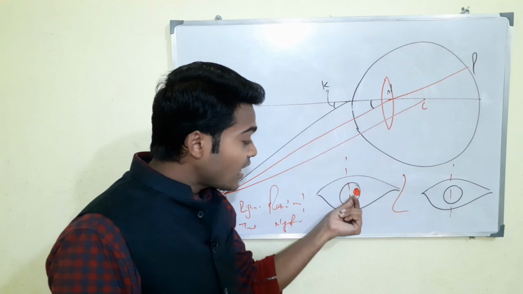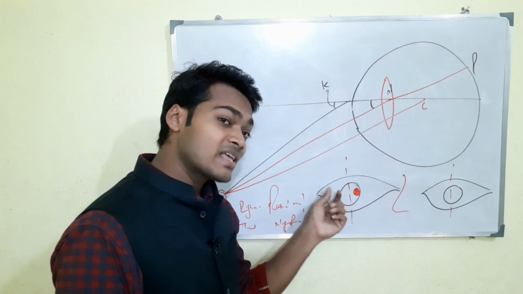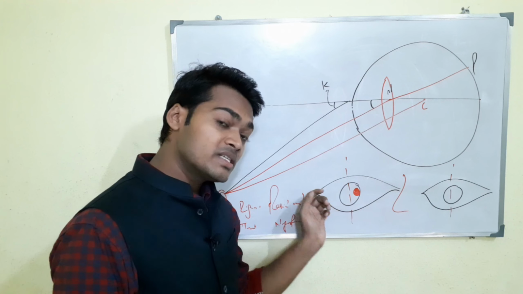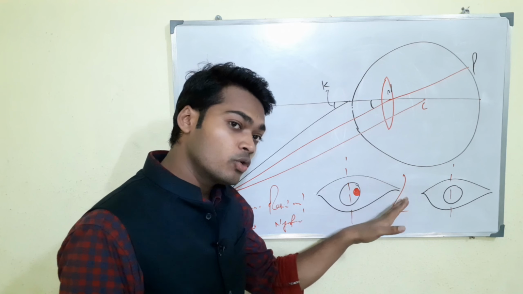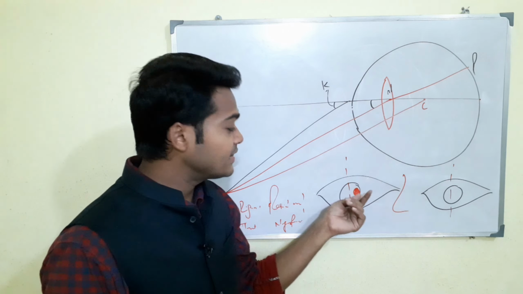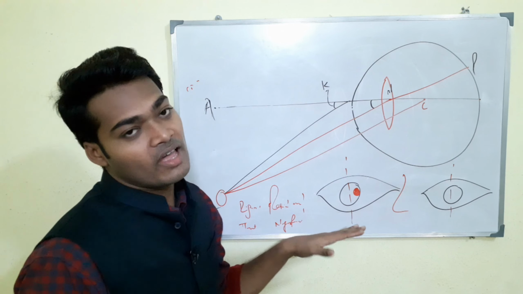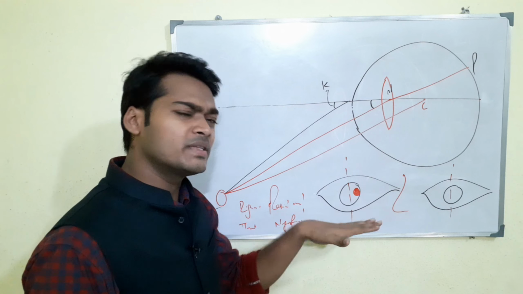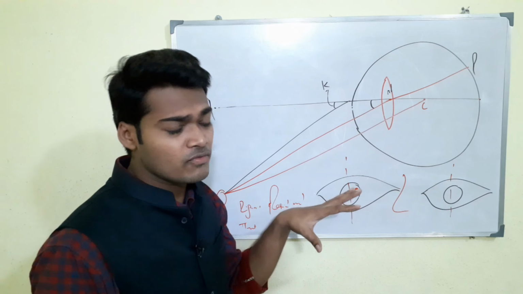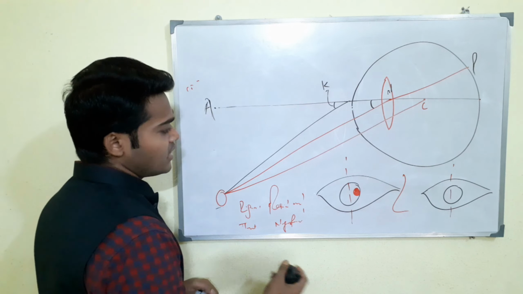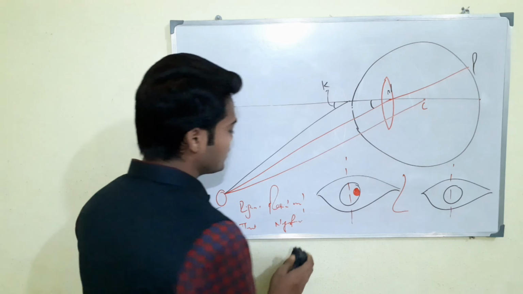And when the eye goes inward, the light falls outside, so if the case is eso, esotropia or esophoria, the light falls outside. Basically this does not give an accurate value, but we use it just for a gross value, either eso or exo.